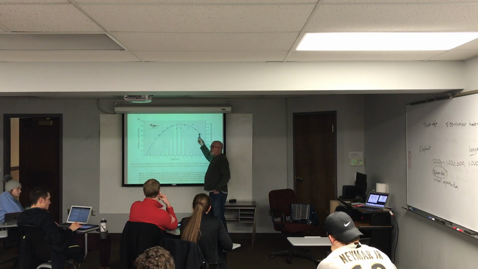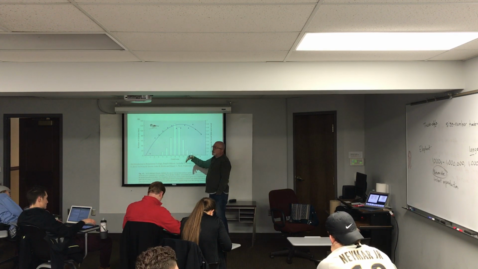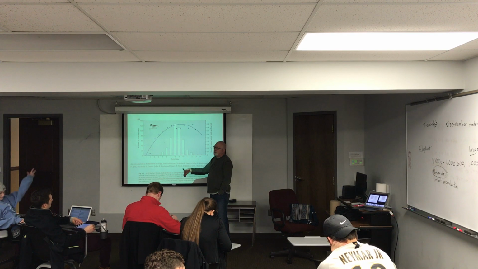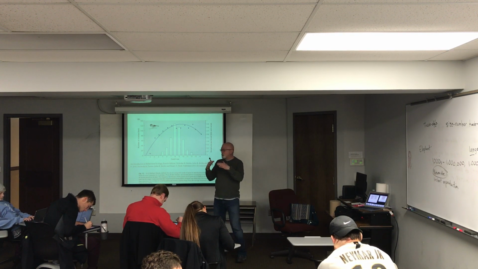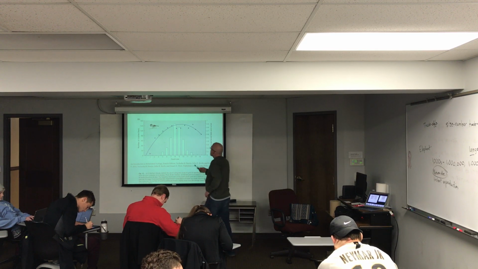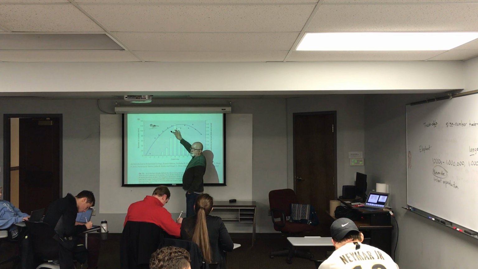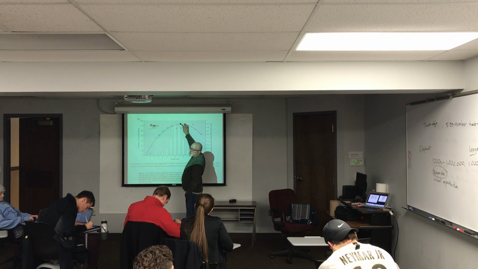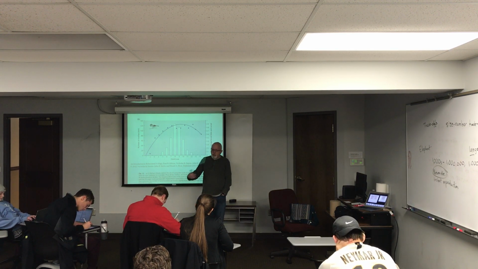The downturn of this curve represents a trade-off. If you get too many offspring, your chances of those offspring surviving begins to go down. Therefore, there is an optimal clutch size. In one case, you get an optimal clutch size that's slightly higher than the optimal clutch size that you observe, because the clutch size is enhanced by the fact that these eggs and chicks are free versus having costs.